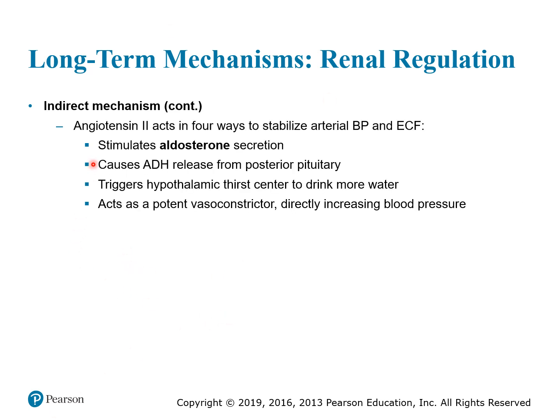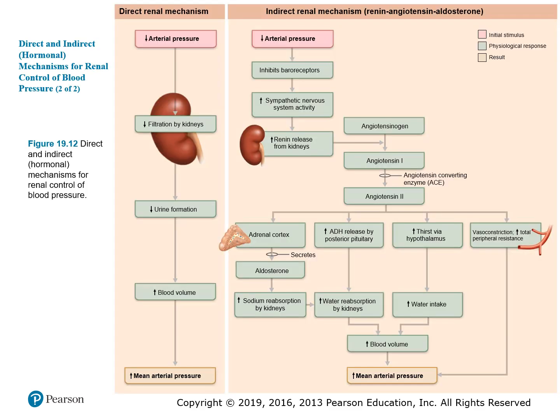And then angiotensin 2 acts in four ways to stabilize the blood pressure and the extracellular space. It stimulates aldosterone secretion. It causes ADH release from the posterior pituitary, and it triggers the hypothalamic thirst center to drink more water, and then it also acts as a potent vasoconstrictor.